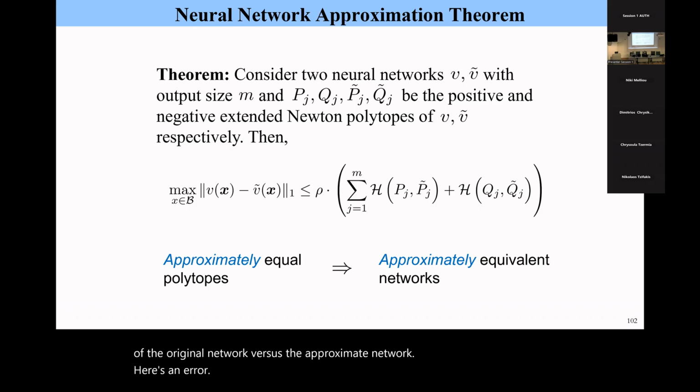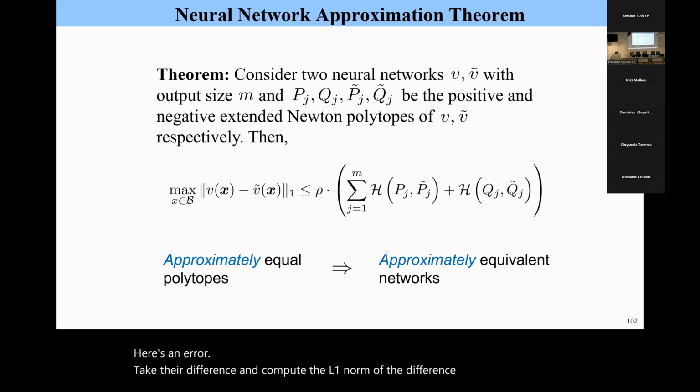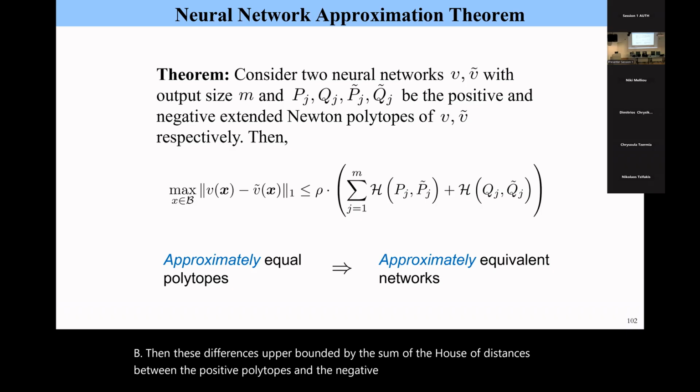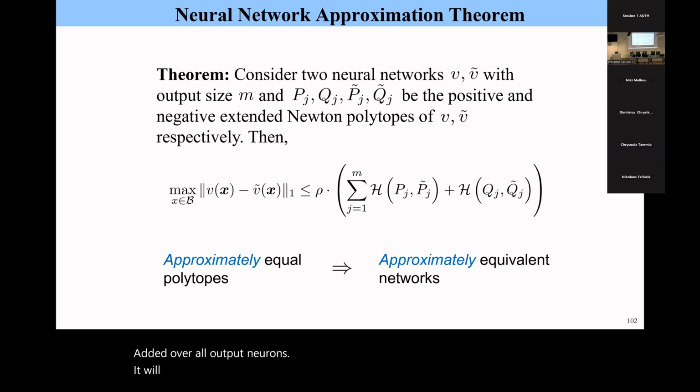If you take their difference and compute the L1 norm of the difference over, let's say, a ball, B, then this difference is upper bounded by the sum of the Hausdorff distances between the positive polytopes and the negative polytopes for each output neuron added over all output neurons. Intuitively, if we have approximately equal polytopes, then we can safely conclude that we have approximately equivalent networks.